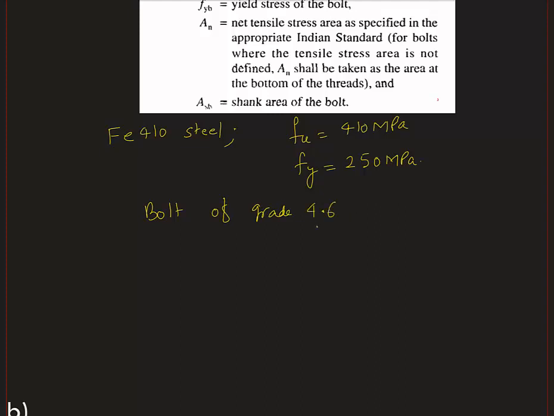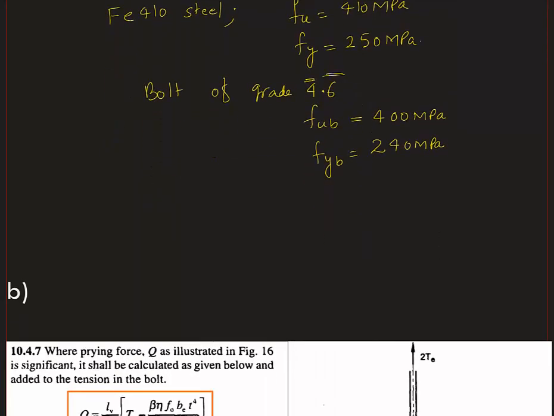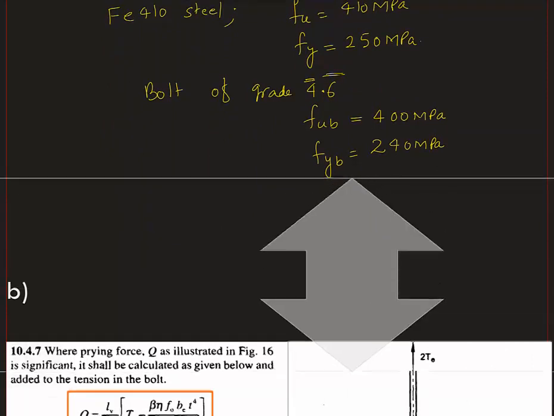This means FUB, the ultimate tensile strength of the bolt, is 400 MPa. That is basically 4 times 100, and the corresponding yield strength, that is FYB, is 400 times 0.6, that is 240 MPa.